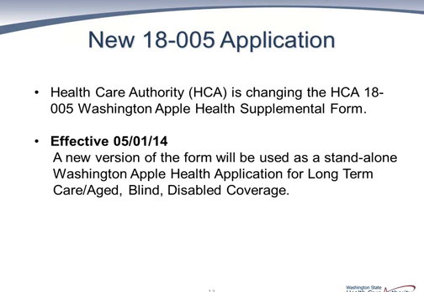Instead of continuing to have this supplemental application, we've created a full application, if you will, for our Classic Medicaid programs. So effective May 1st, the new version of the form will be used as a standalone application for those Classic Medicaid programs that we just talked about on the previous slides.